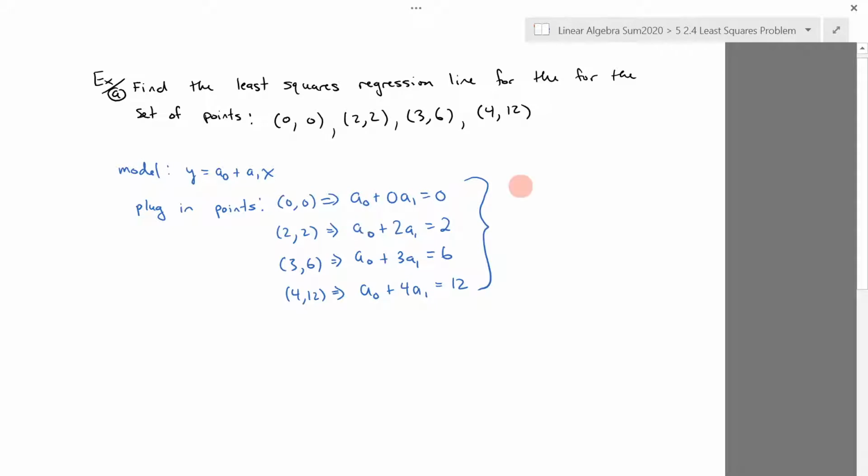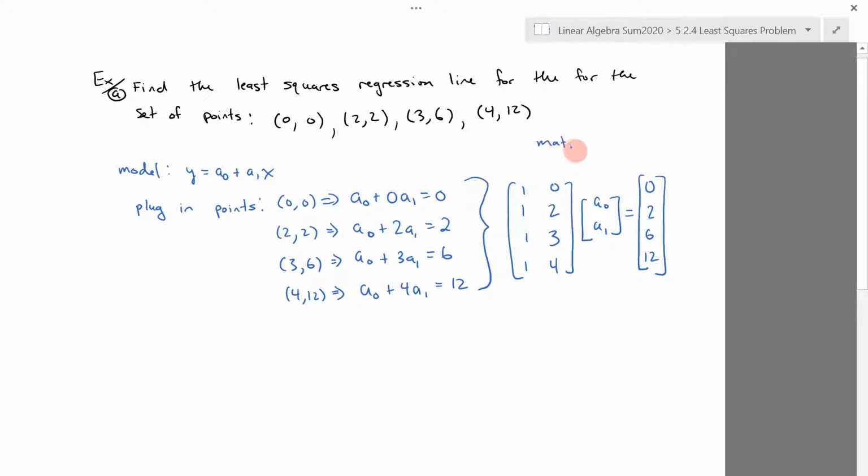So the coefficient matrix is [1 0; 1 2; 1 3; 1 4] times [a0; a1] equals the constant vector, which is [0; 2; 6; 12]. Right, so this is the matrix form of the equation.